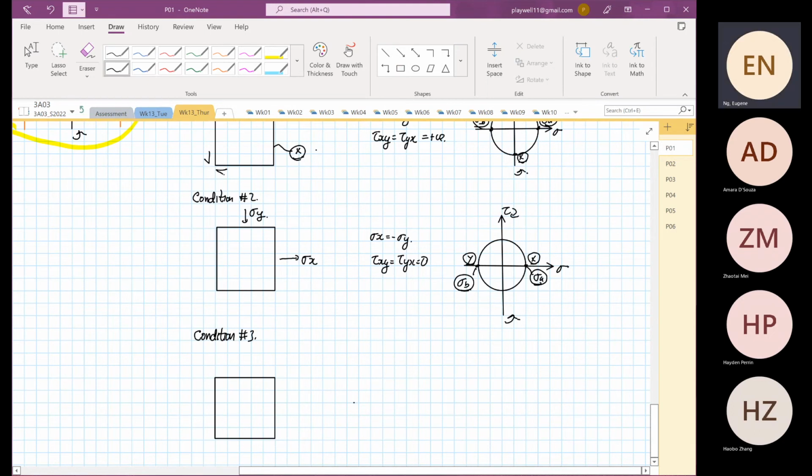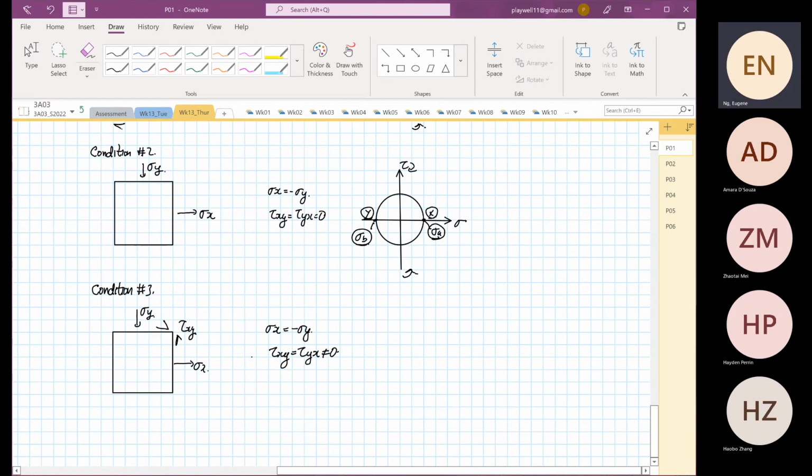It's where you have shear xy, sigma y, and sigma x. The third condition is where sigma x is equal to minus sigma y, shear xy is equal to shear yx, and they are not equal to 0.